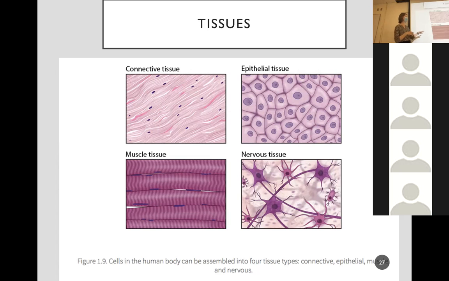There's a few different kinds, but you can think of your skeletal muscles, your biceps, your hamstrings, all of that is made up of muscle tissue. And then nervous tissue is within the nervous system, sending signals all over the body constantly. We'll talk about them in that order this semester. We'll talk about all the tissues at once, but then first talk about connective tissue into epithelial, and then talk about all the muscles in the body, and then all of the nervous tissue, the nervous system.